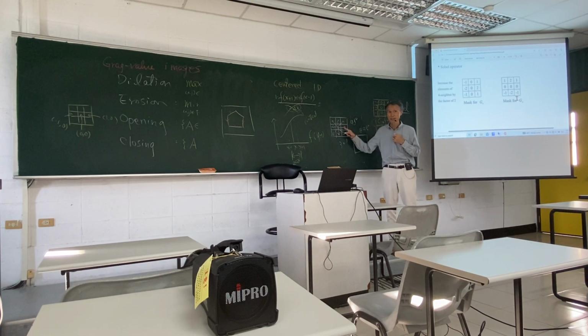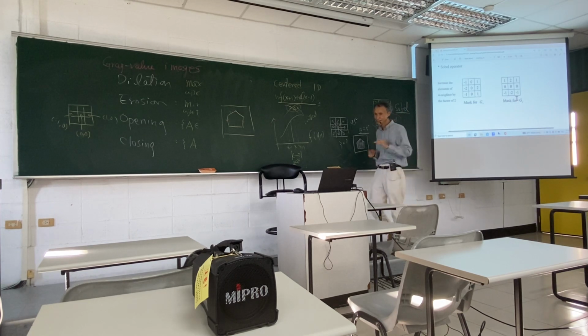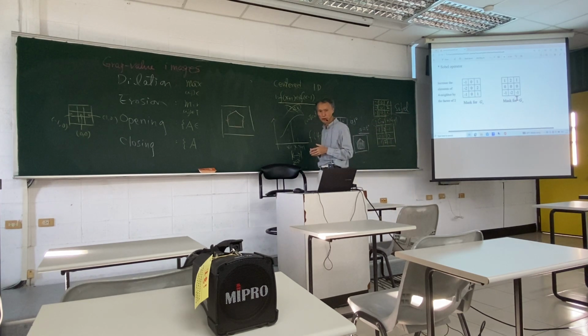You know what I mean? For 3x3, the resolution is 45 degrees, you can only specify 8 directions, which correspond to 45 degrees. But in a very ideal condition, the estimate accuracy can be up to 5 degrees.